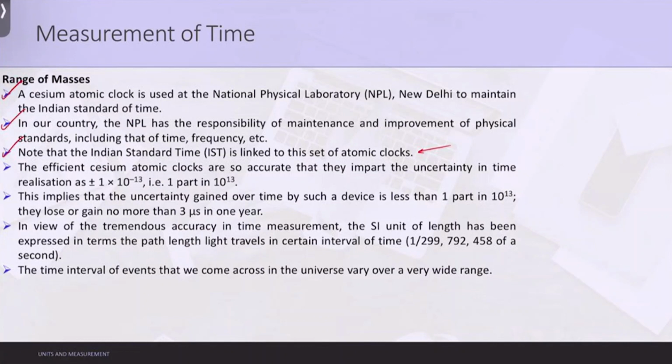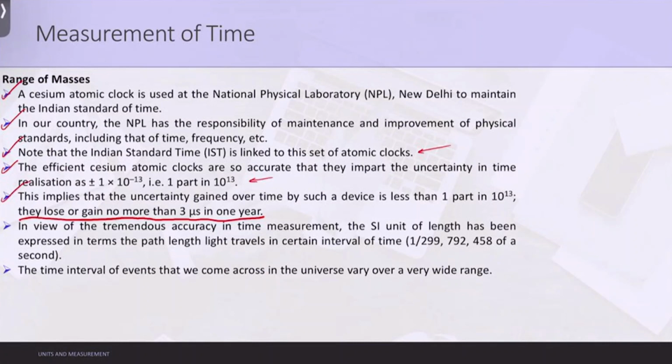The explanation is given in the next line. This implies that the uncertainty gained over time by such a device is less than 1 part in 10 to the power 13. That means they lose or gain no more than 3 microseconds in 1 year. That is the accuracy of these atomic clocks.